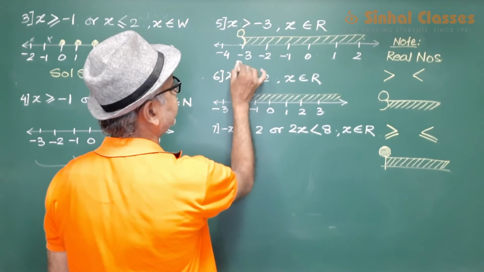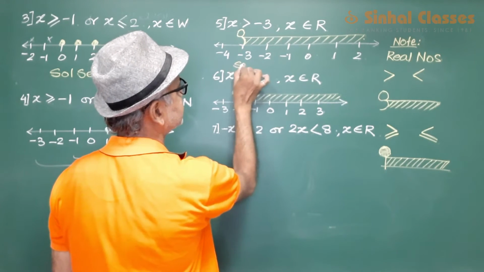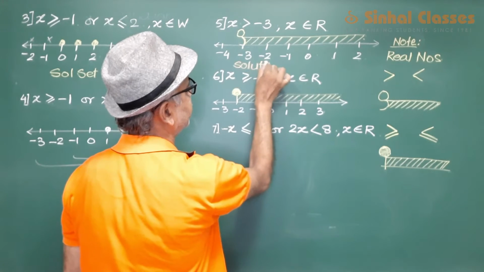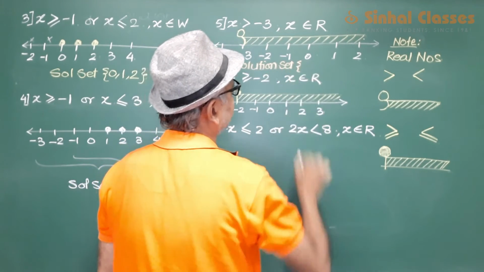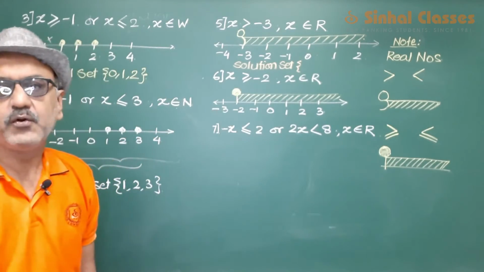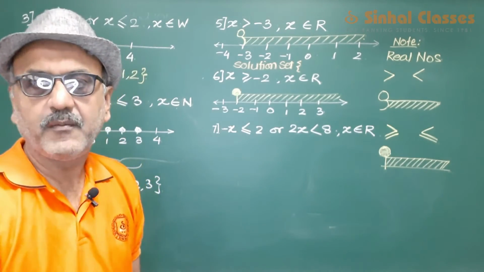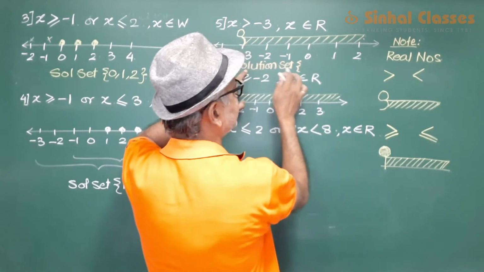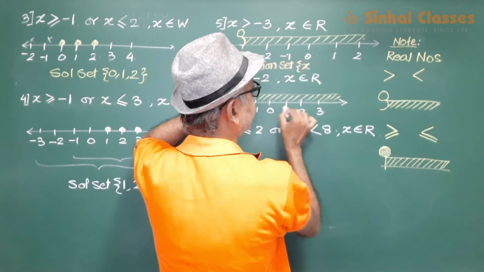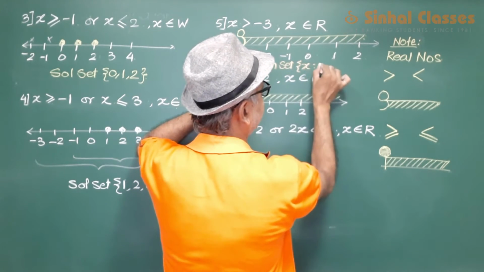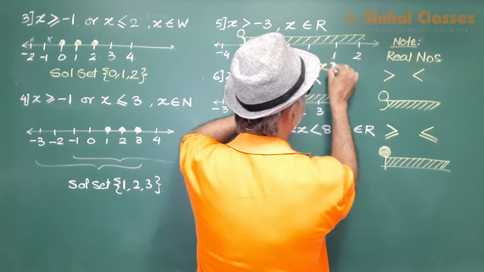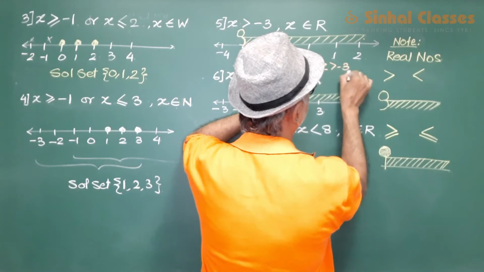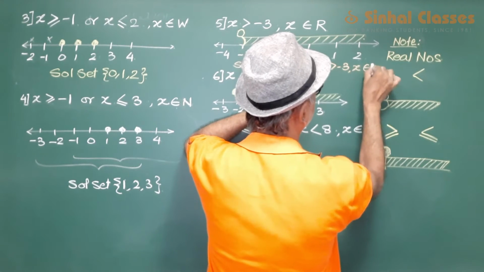You have to write the solution set as, the solution set can be written only in the set builder form. So in the set builder form, the solution set would be x such that x is greater than -3 and x belongs to real numbers.